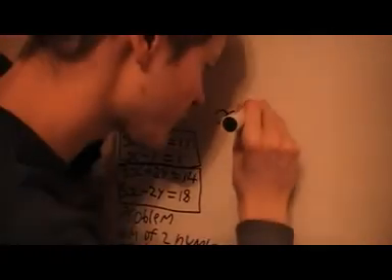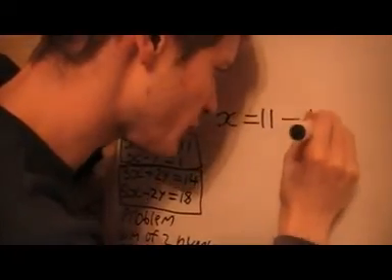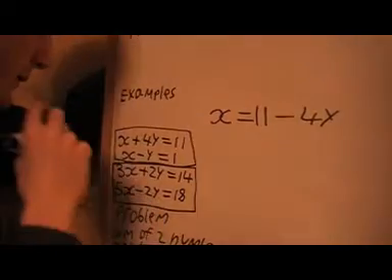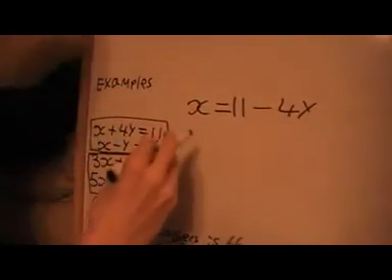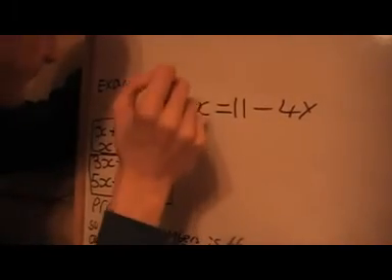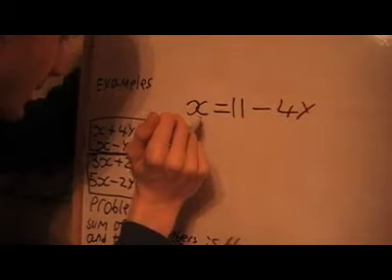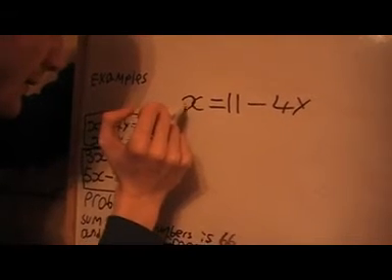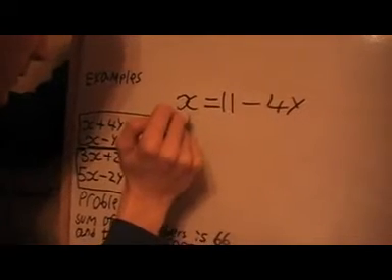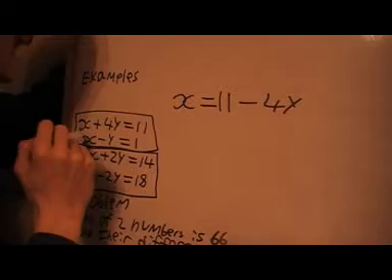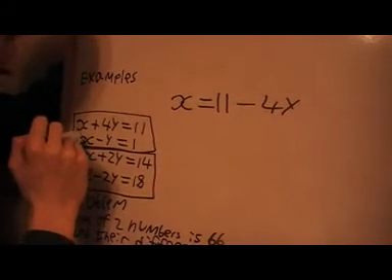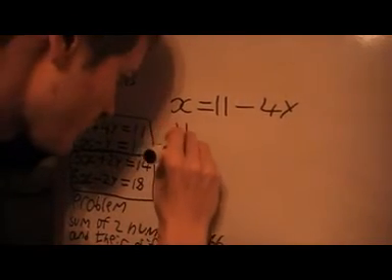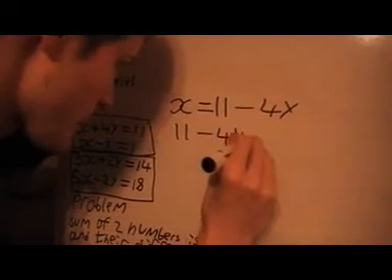I think what I'm going to do here is make x the subject. So now I'll be left with x equals 11 minus 4y. And now because this is x, we can replace this x here with 11 minus 4y.